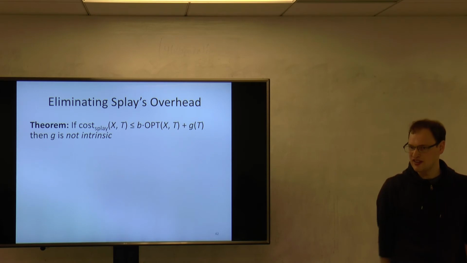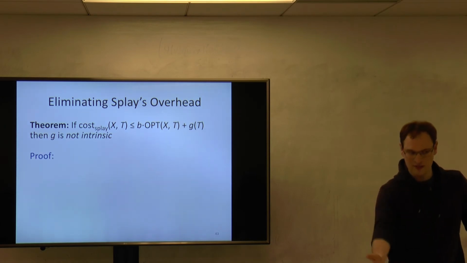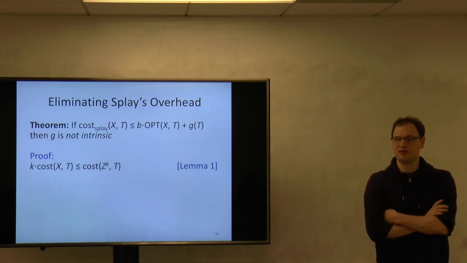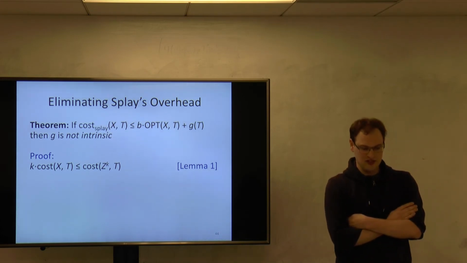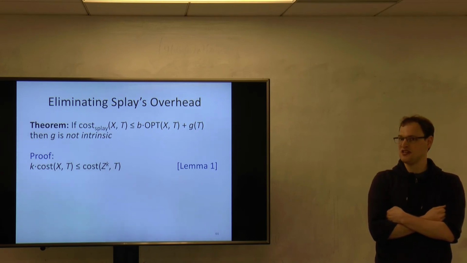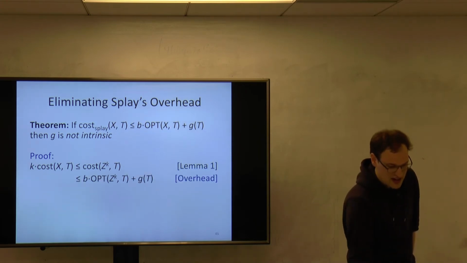So then we can just string together the inequalities and eliminate g. So, if I have some additive overhead, I can get rid of it. How do I do that? This is the first thing: k repetitions of z costs more than k times splaying x.